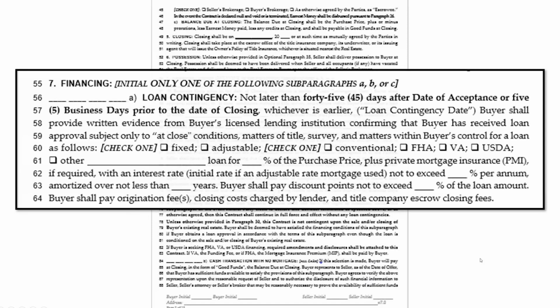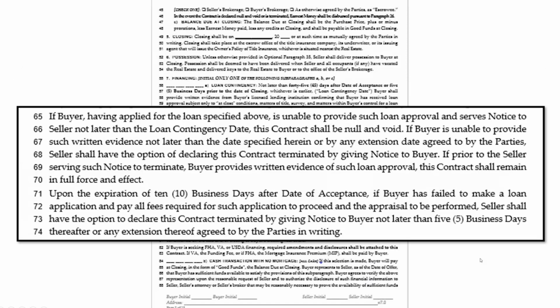The next part of this financing is if the buyer, after he's applied for his loan, can't get a loan approval and he serves notice to the seller not later than that loan contingency date, which was 45 days after the date of acceptance, then the contract is null and void.